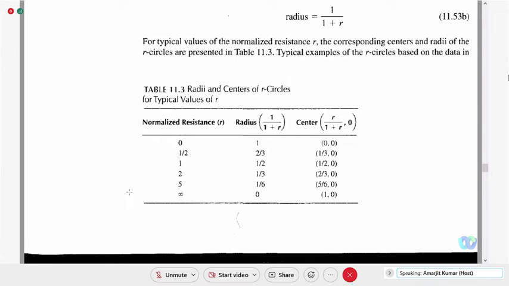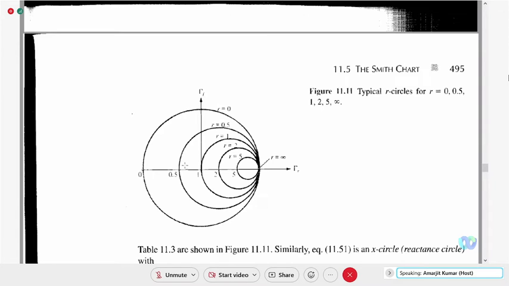If you plot it for these values of normalized load resistance, the circles will be like this. This is your resistance circles.